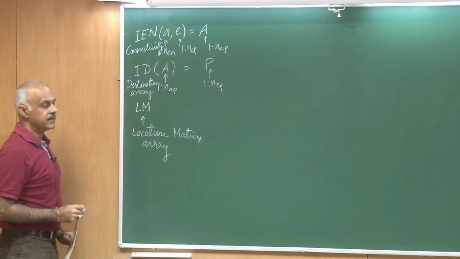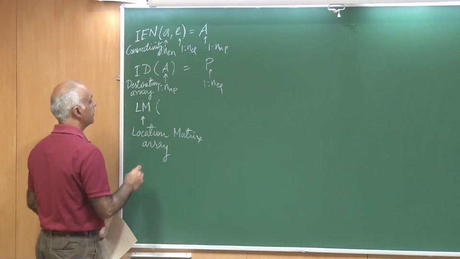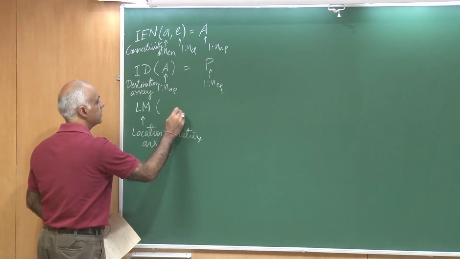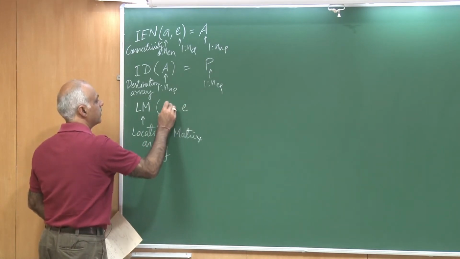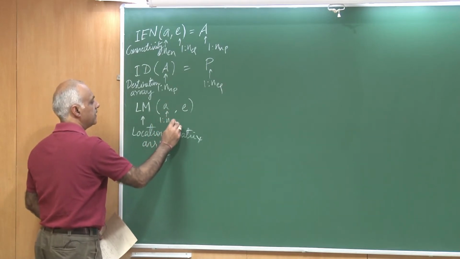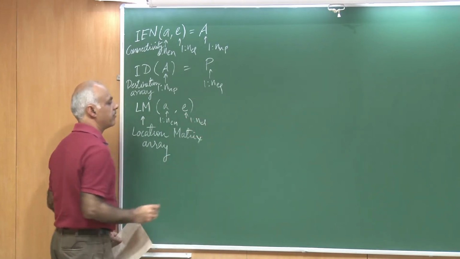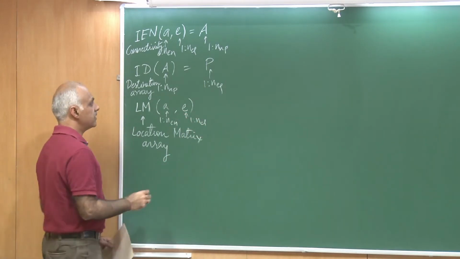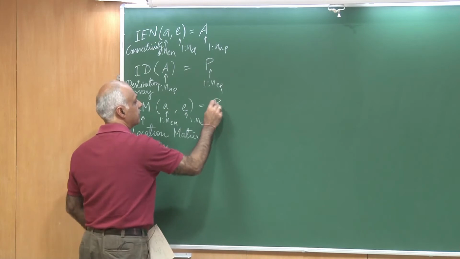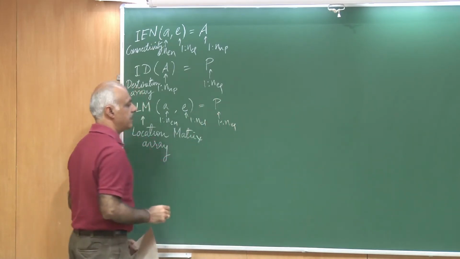Okay. The LM array, again we can go to each element and each node number. So, A goes from 1 through NEN and E goes from 1 through number of elements, and this would tell us the equation number P, which goes from 1 to NEQ.